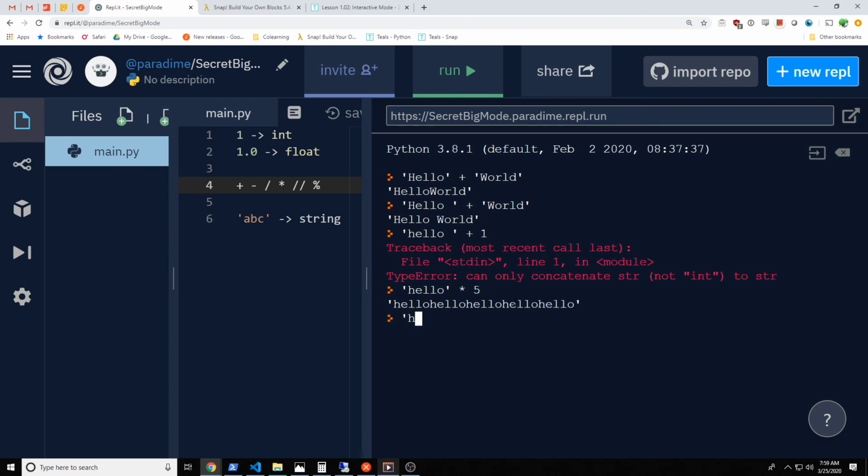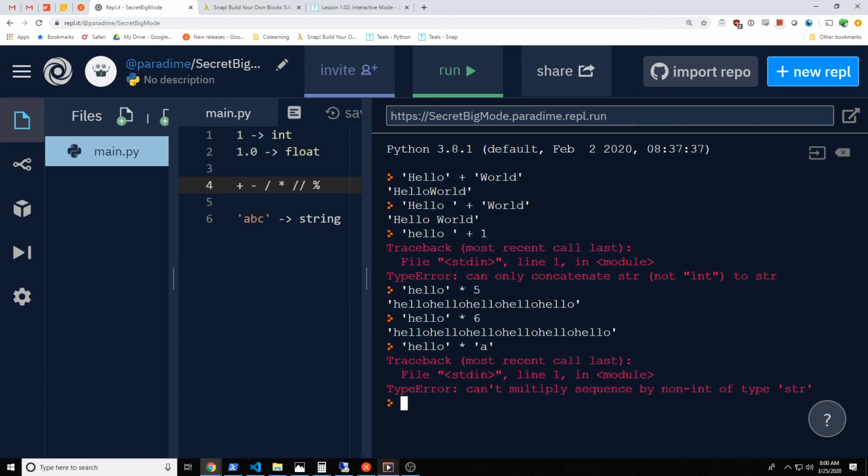If I do hello times 6, it'll do that again. So we can interact with strings and integers not through addition but through multiplication, and we can see what happens if I try to multiply strings together. We can't multiply a sequence by a non-integer.